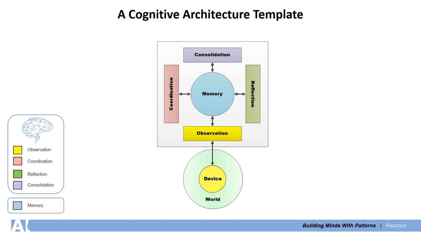The observation components are also responsible for communicating with the device's actuators, which perform actions in the world. We also see that there are coordination components which update the memory with new inferences. The reflection components are responsible for changing the overall behavior of the system. And finally, the consolidation components are responsible for ensuring that the memory does not exceed its available capacity.